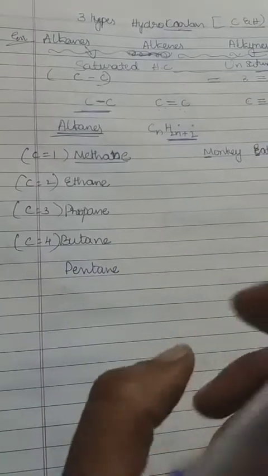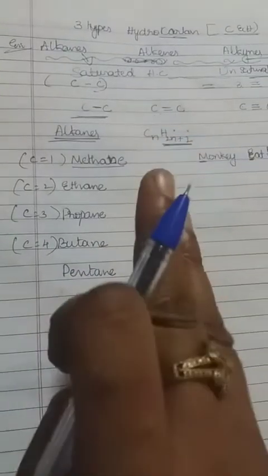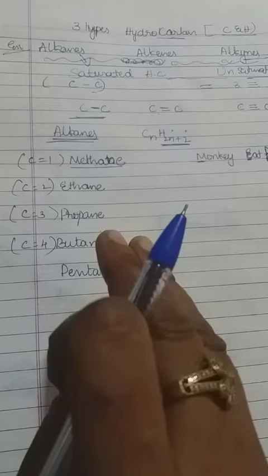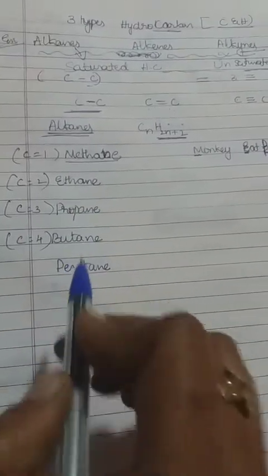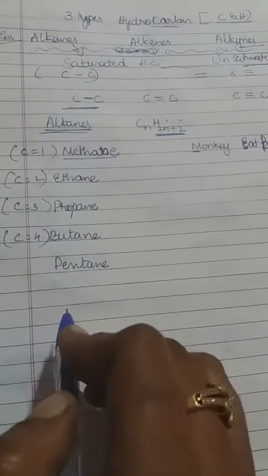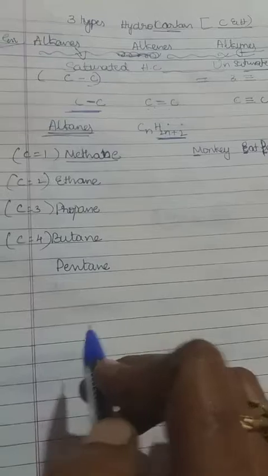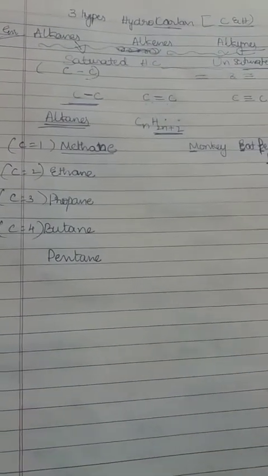Mono means 1, di means 2, tri means 3, and tetra means 4, as I already told you, tetravalent. Penta means 5, hexa means 6, hepta means 7, octa means 8, nona means 9, deca means 10. These are the Greek numbers.